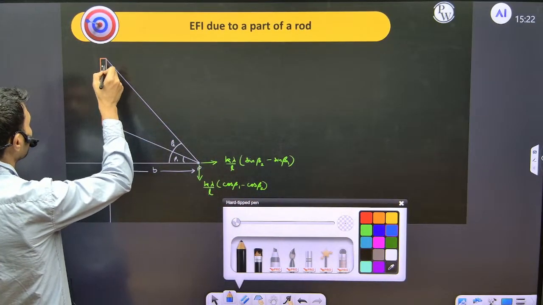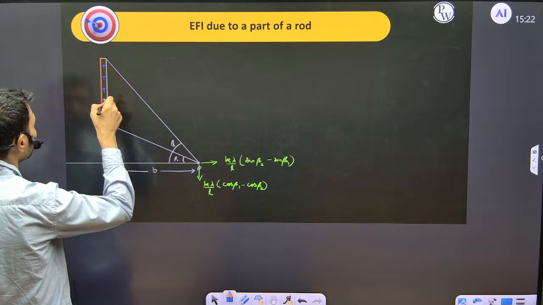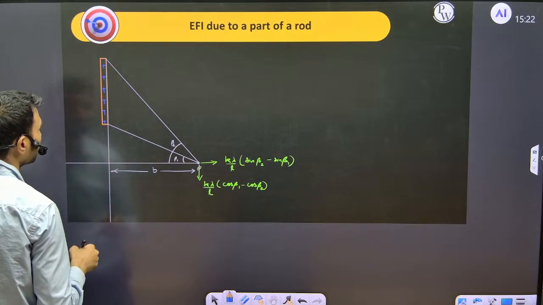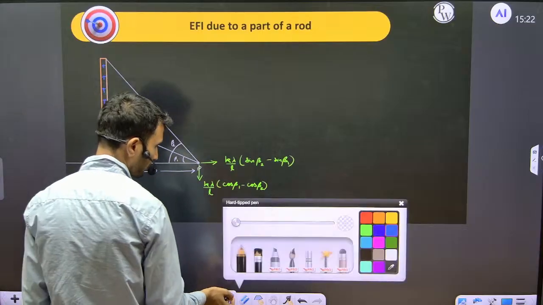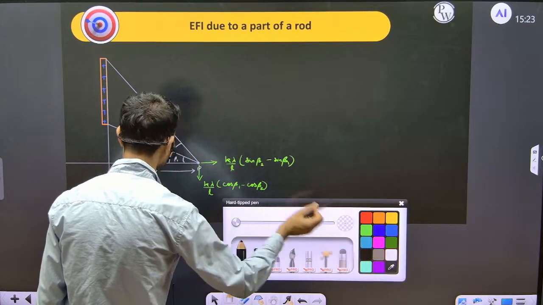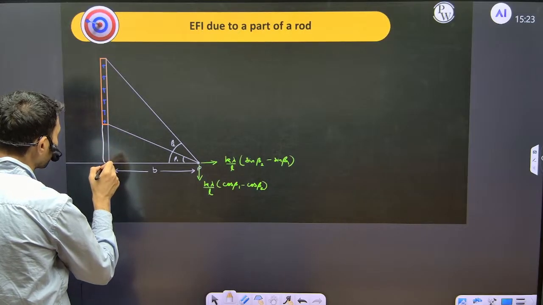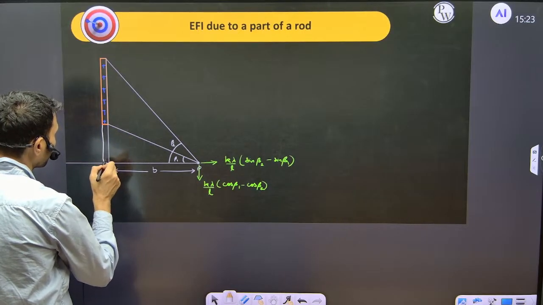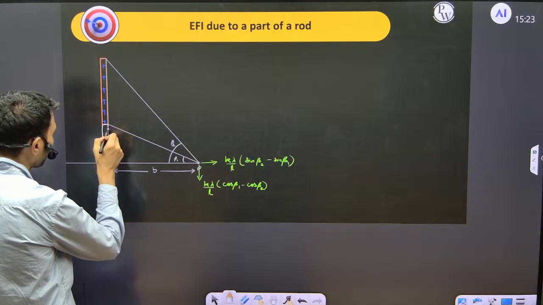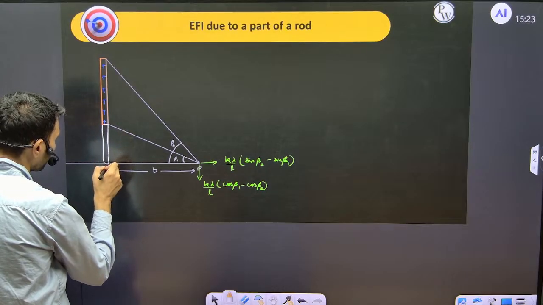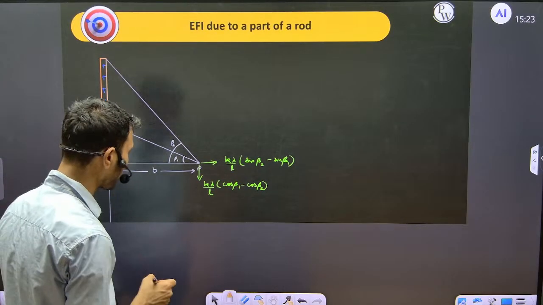So let us say this is a positive charge rod, and below it there's no rod, right? No rod means zero charge.